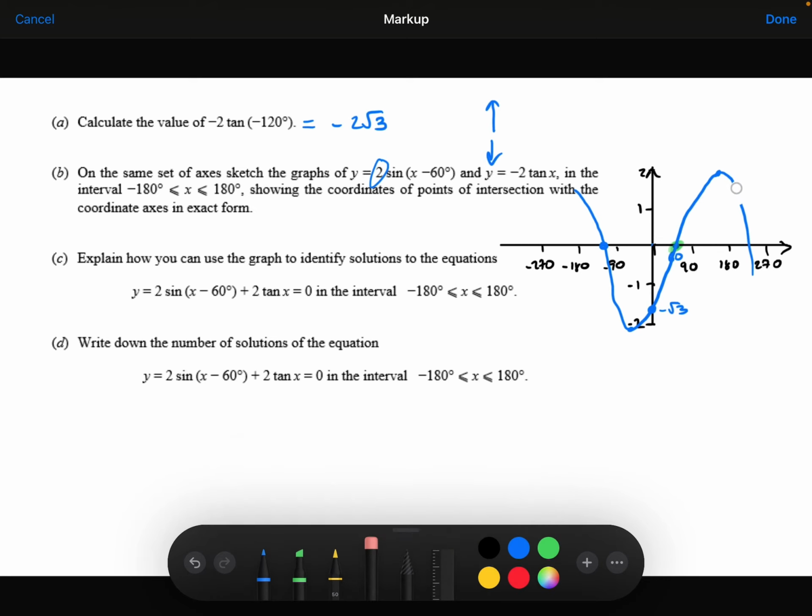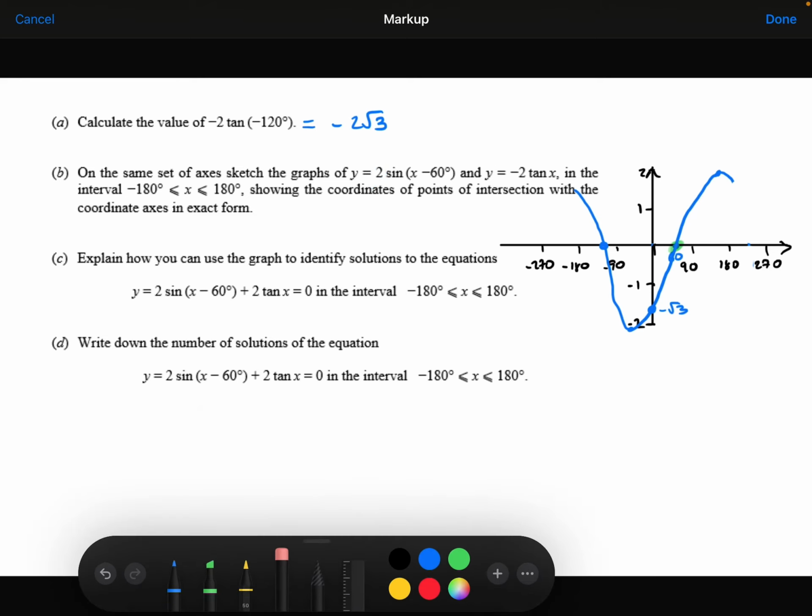I don't need this bit of the graph here past the 180. So there we go. That's my graph of the 2 sine (x minus 60).